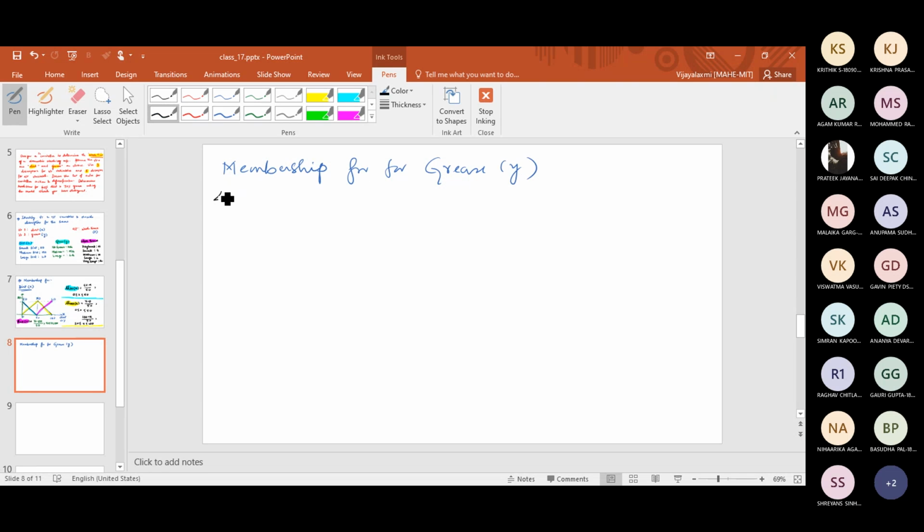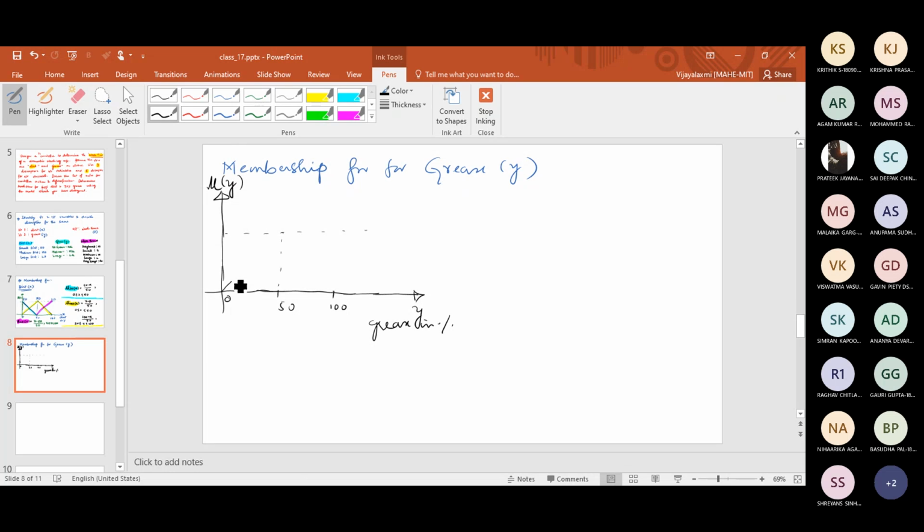I'll write it similar to the previous one. It is easy. If you understand this, then the remaining will be very easy. So this is y, this is mu of y. Here again, it is grease in percentage. So we have 0, 50, and 100, something like this, just for my reference.